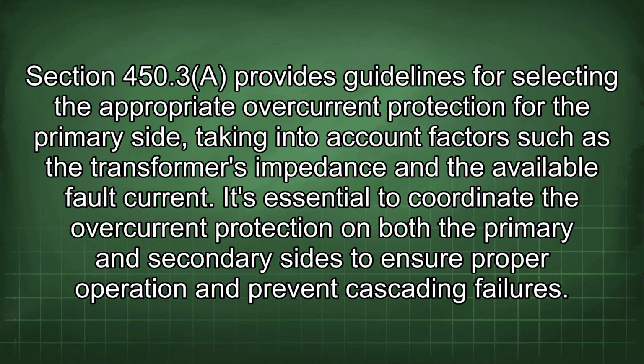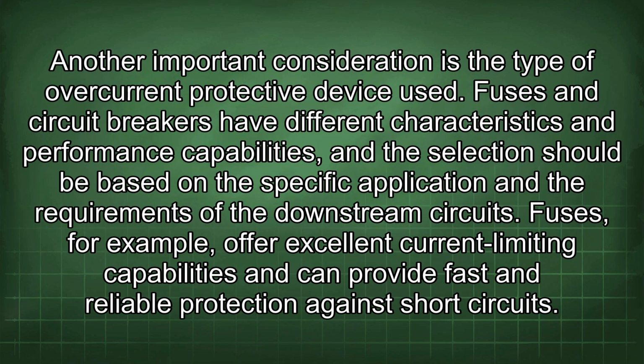It's essential to coordinate the overcurrent protection on both the primary and secondary sides to ensure proper operation and prevent cascading failures. Another important consideration is the type of overcurrent protective device used. Fuses and circuit breakers have different characteristics and performance capabilities, and the selection should be based on the specific application and the requirements of the downstream circuits.